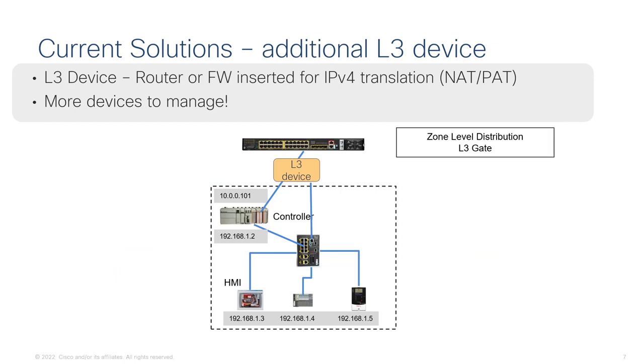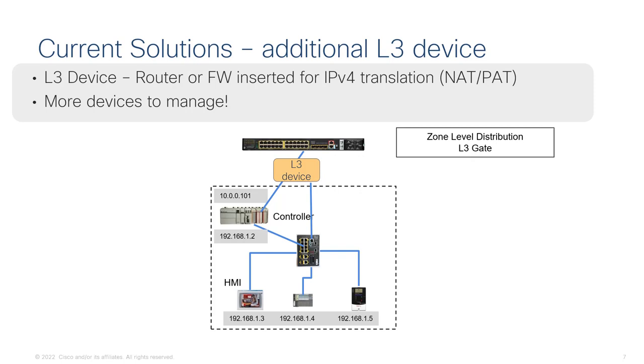Before we get into how Layer 2 NAT works, we're talking about duplicate IP addressing in these machines. One other way that it's been solved traditionally, if you have to communicate with a component inside the machine, is you can just add a Layer 3 device. By a Layer 3 device, I mean either a router or a firewall.